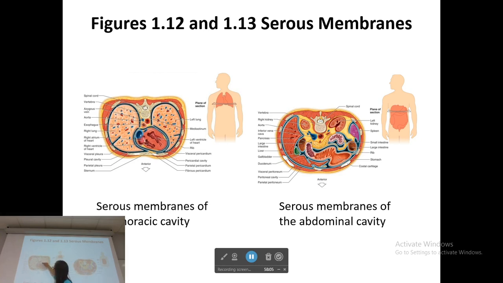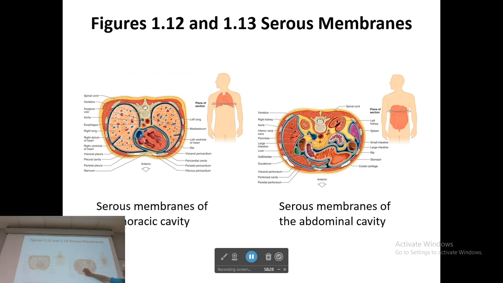That would be the pleural cavity. You can see it all the way around there, this little tiny space. And then around the heart would be the pericardial cavity. And then you've got those layers of membranes in there, right on the surface of the organ, and then the outer membrane, which is covering that cavity.